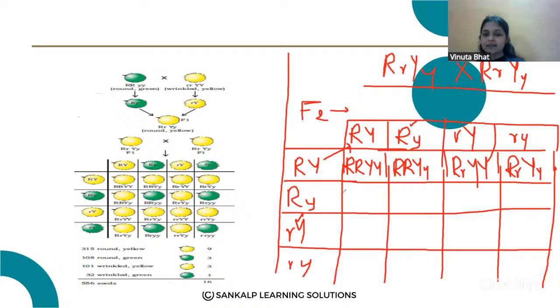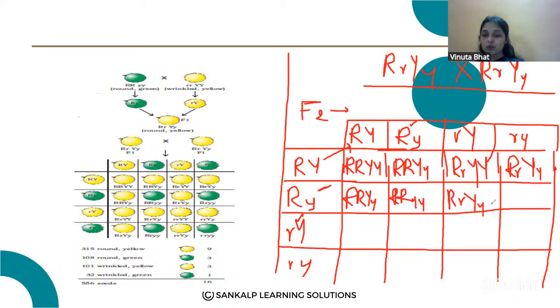Then in the next row, multiply this one with all four, and we get capital R, capital R, capital Y, small y. That is also a round yellow seed. Then capital R, capital R, small y, small y. So this is the round green seed. Here a new combination is formed, the round green seed. Then capital R, small r, capital Y, small y.